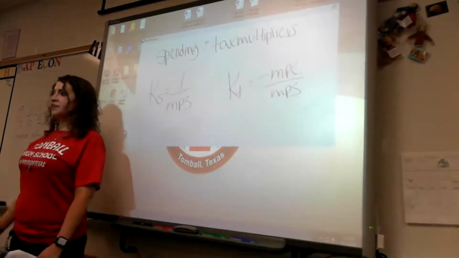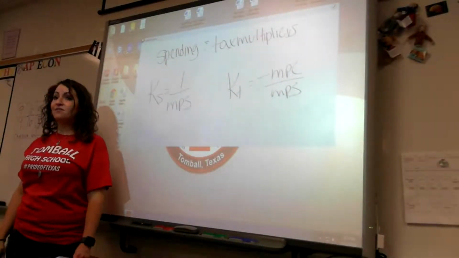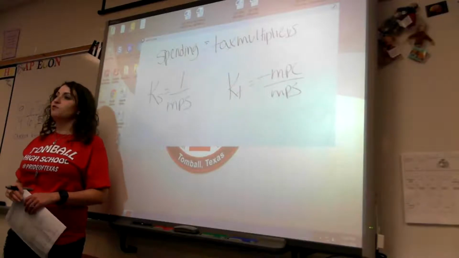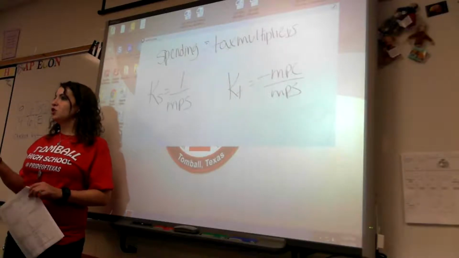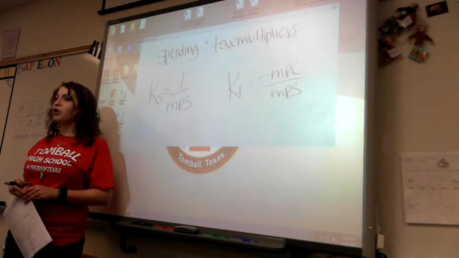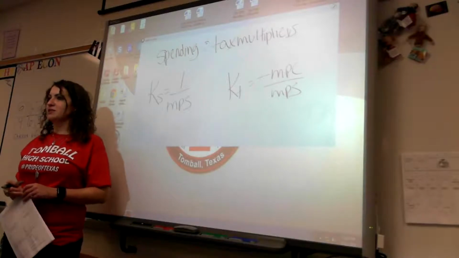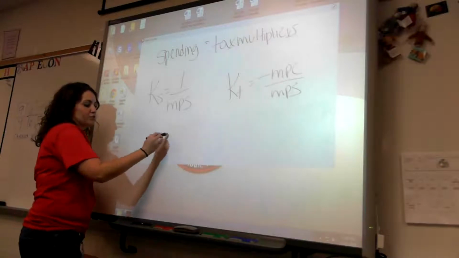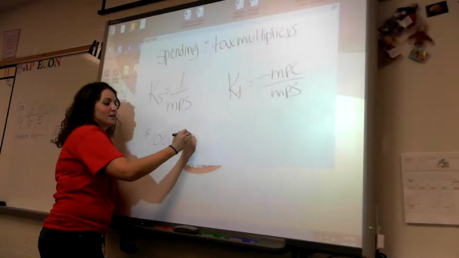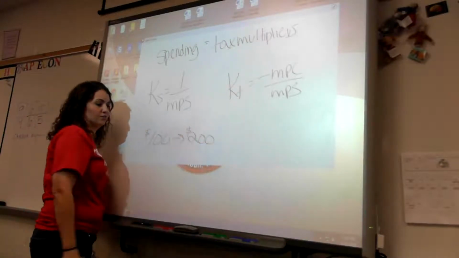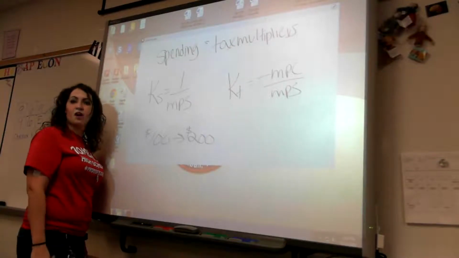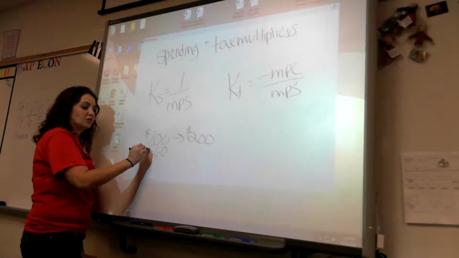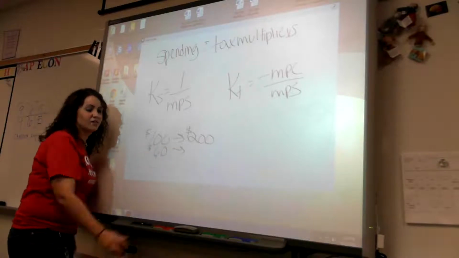Remember, MPS is the marginal propensity to save, while MPC is the marginal propensity to consume. So if Dalton was making $100 and now he makes $200, he had a change of income of 100. When he was making $100, he was spending $60 of it and saving the other 40.